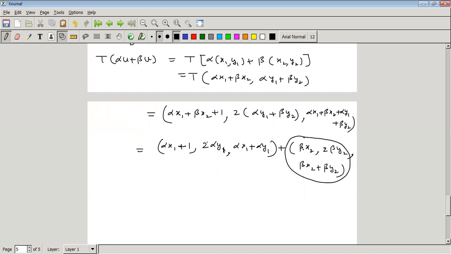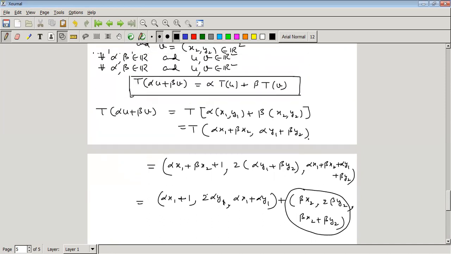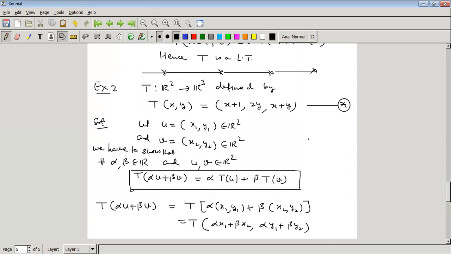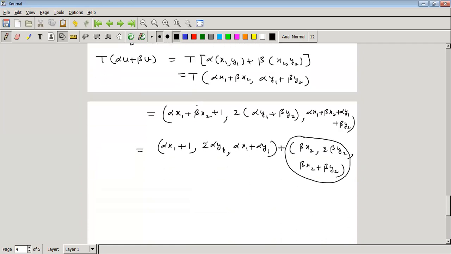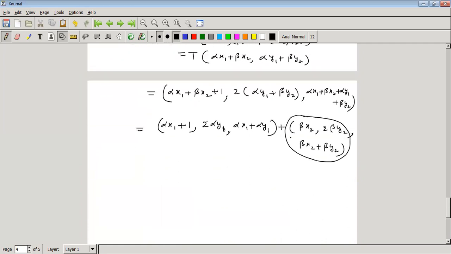Even we can take beta to be common here, but x2, this is the first coordinate, we get only x2. But what is here? How we can define the transformation? This is x plus 1, right? First coordinate added with 1. It shifted to x plus 1, right? So it means we cannot write this as beta times x2 plus 1. It means we cannot write this as T of v.